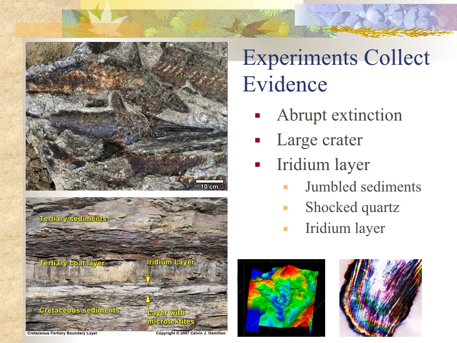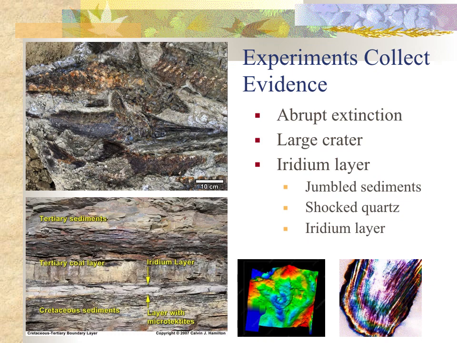And this metal iridium is common in asteroids, but not common on the Earth's surface. But there's iridium in this thin layer worldwide. There's also, near this crater, a huge amount of jumbled sediments, as if there was a giant tidal wave, and then what are called shock quartz and iridium. So these are found in this layer.